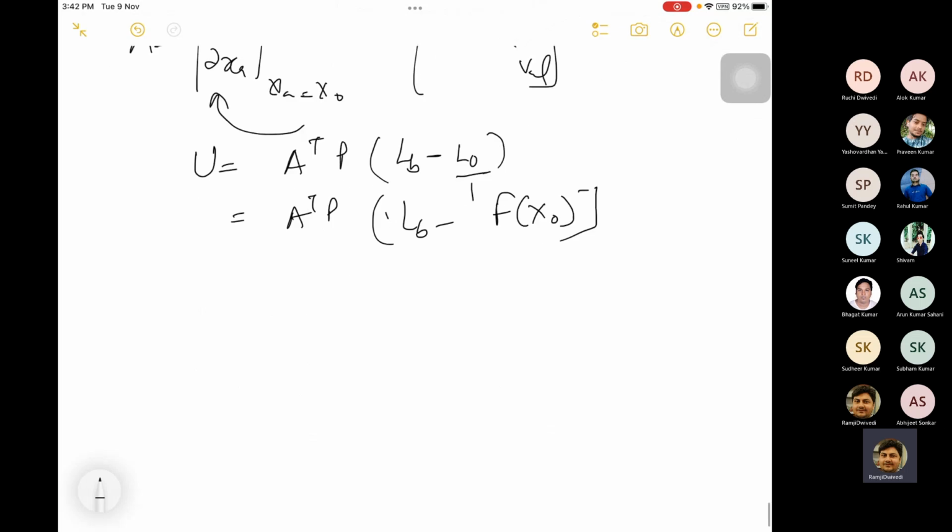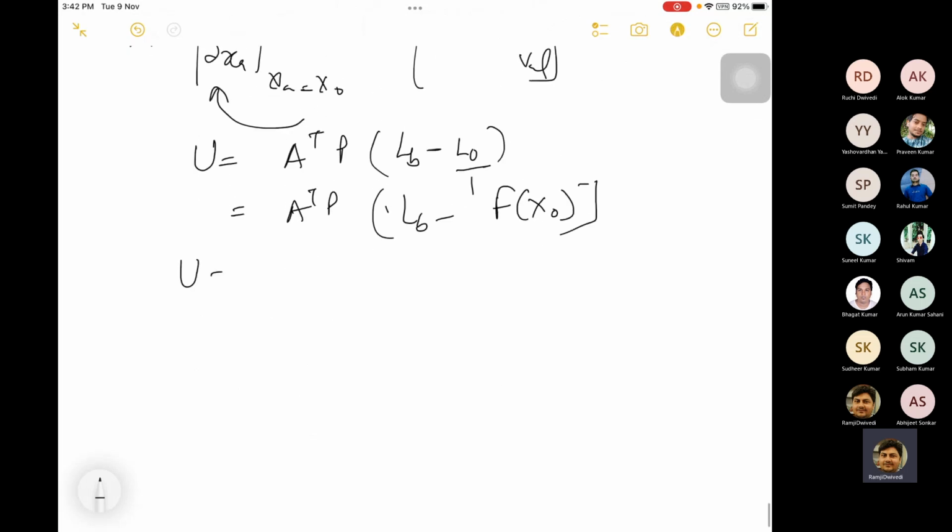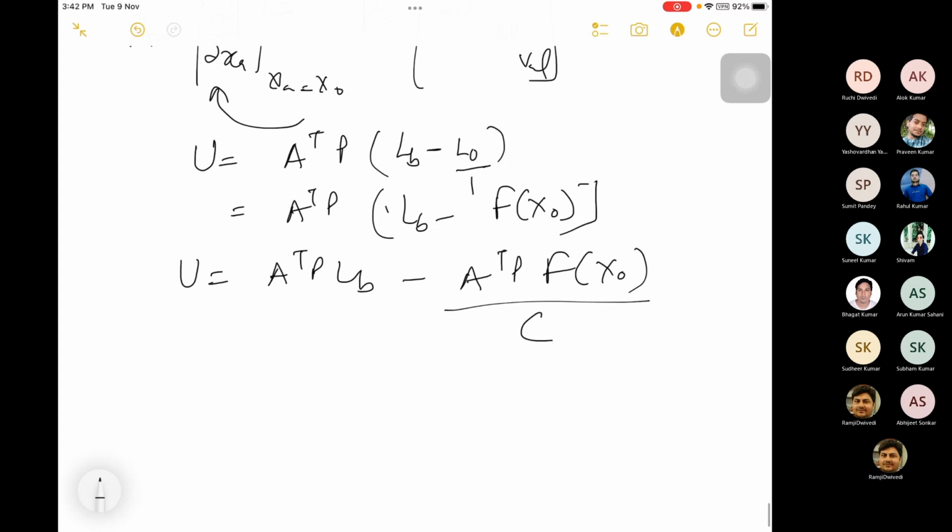Okay, so now you can again open it up: y is equal to ATP Lb minus ATP F x naught. तो ये तो पूरा कांस्टेंट हो गया. This will become your A dash, this would become your x minus c is equal to U.